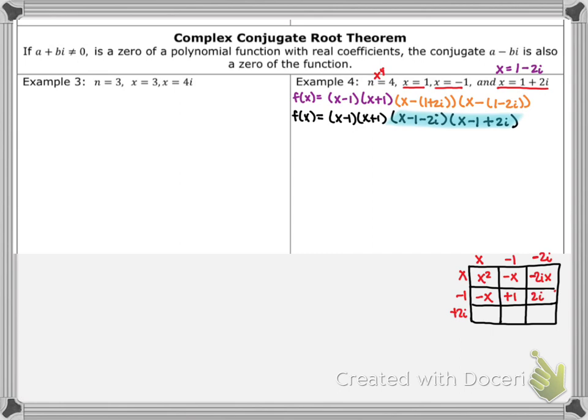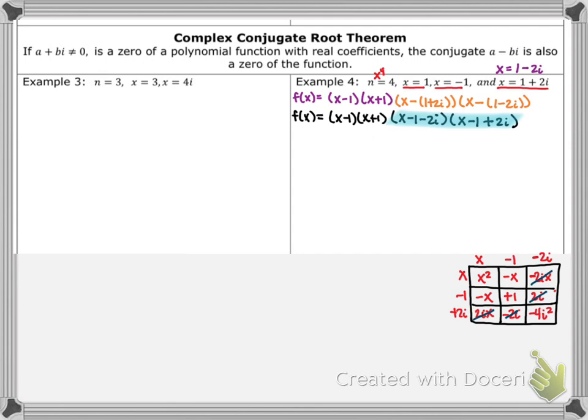Last row. 2i times x is 2ix. 2i times -1 is -2i. 2i times -2i is a -4i squared. Now, if you look through our boxes, you have some things that cancel. This 2ix and this other 2ix, those cancel. We have positive and a negative. This -2i, +2i, those cancel.